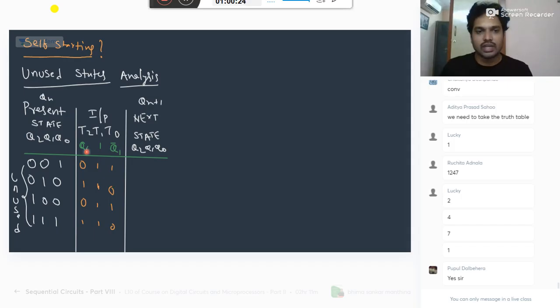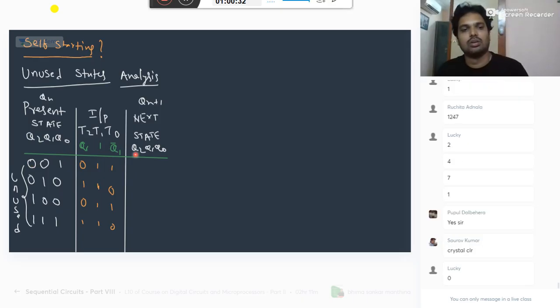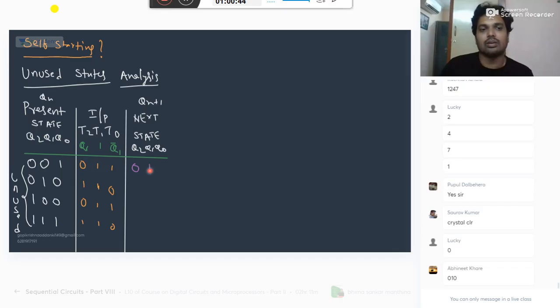Now what you need to do is take it as a truth table input. If this is the present state, this is the input. What is the next state? Simple. So this input is 0, so output is the same as the previous value for Q2, for T2 and Q2. For T1, what is the input? 1, so it is the previous bar.